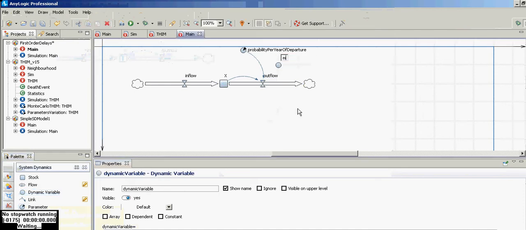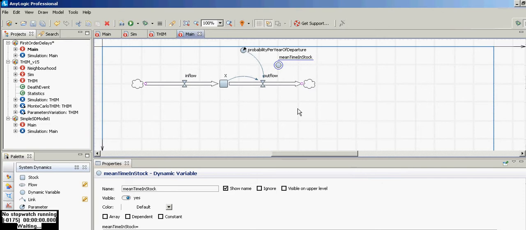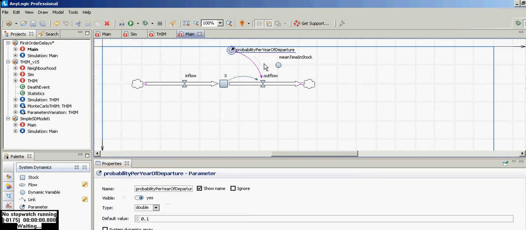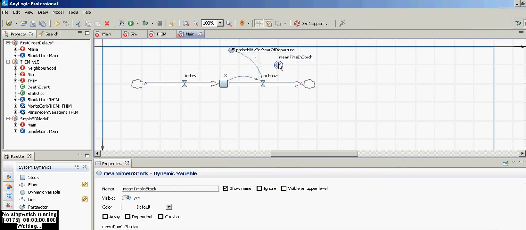Can anyone give me a formula for what outflow would be in terms of mean time in stock? We'll take this guy, temporarily disconnect it, and come back and revisit it. Tell me what the formula would be if we wanted to formulate the outflow in terms of mean time in the stock.